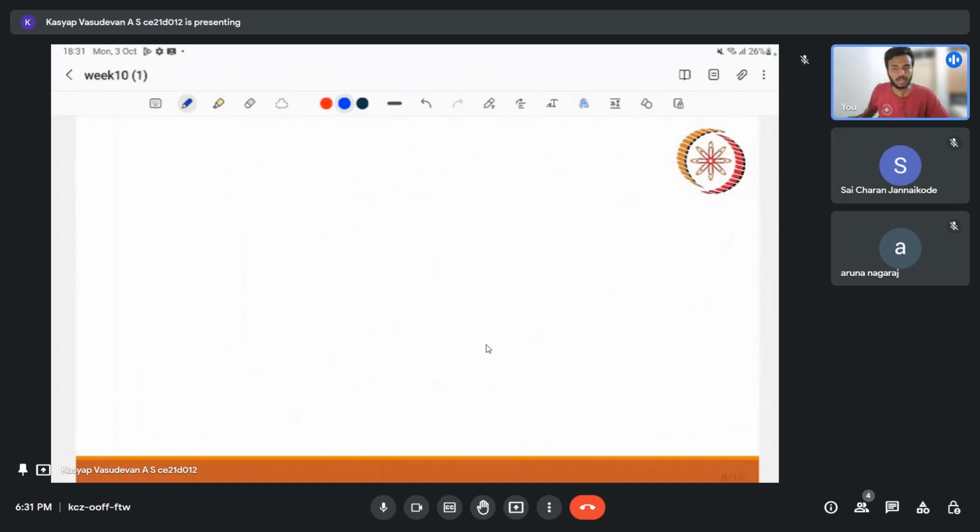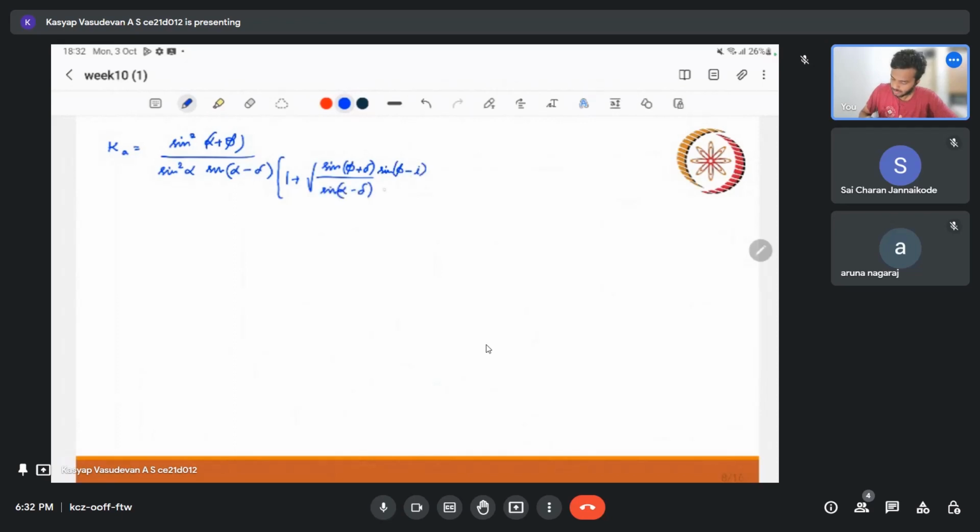In Coulomb's theory we have the active earth pressure coefficient equation, that is Ka is equal to sine square of alpha plus phi divided by sine square of alpha, sine of alpha minus delta, into 1 plus root of sine of phi plus delta, sine of phi minus I, divided by sine of alpha minus delta, sine of alpha plus I.